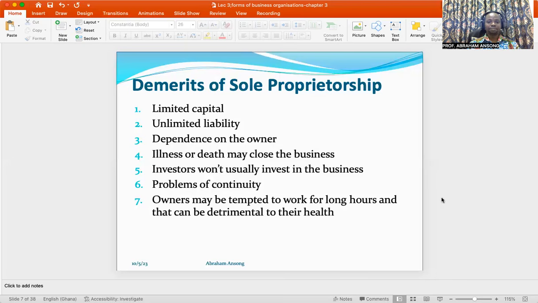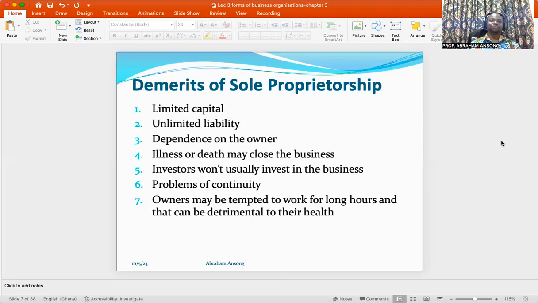Then there's the problem of continuity. Once the owner dies, that really is the end of the business. And that is not something that is very good. Owners may be tempted to work for long hours, and that can be detrimental to their health. Under the advantages, we realize that it is the owner who enjoys all the profits.